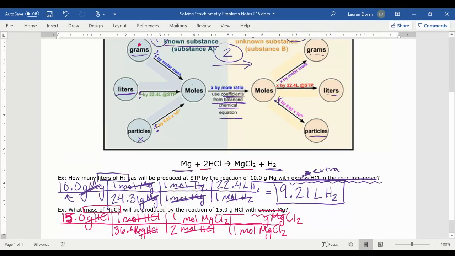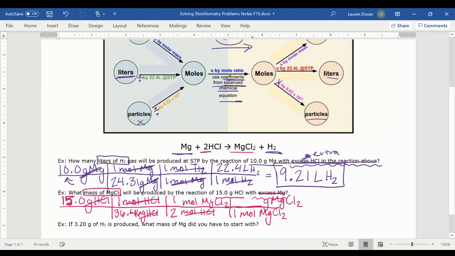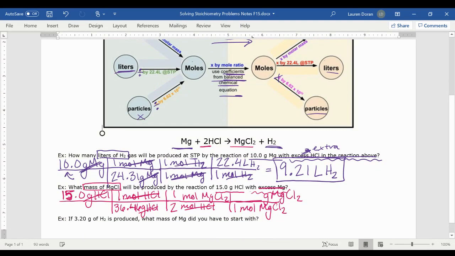So if I look up at my map here, okay, I started over here. I'm trying to get over here. So divide by molar mass, mole-to-mole ratio, and then I'm going to multiply by molar mass. You can almost see a little bit of symmetry as we're working through this. So now I'm going to add Mg plus 2 Cl's from the periodic table.